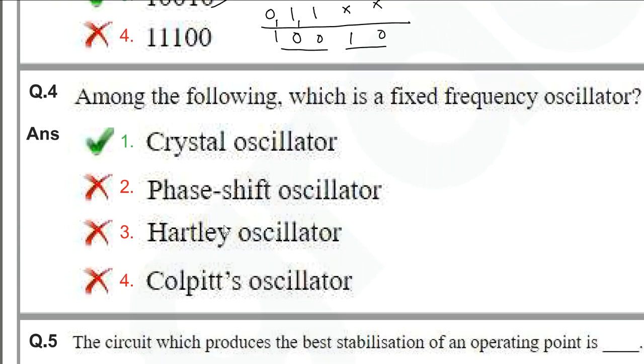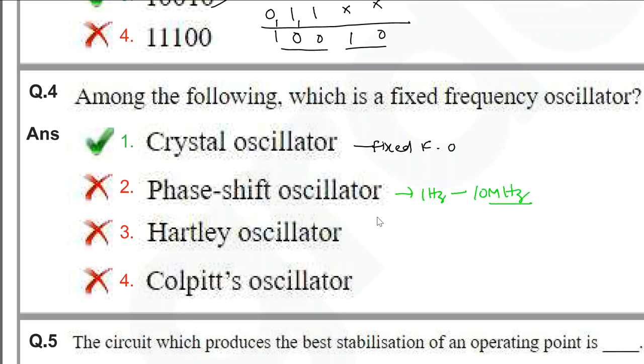Next question is from analog electronics and the topic is oscillators. Among the following, which is a fixed frequency oscillator? Among the options, the crystal oscillator is a fixed frequency oscillator. The phase shift oscillator has a frequency range from 1 Hz to 10 megahertz.